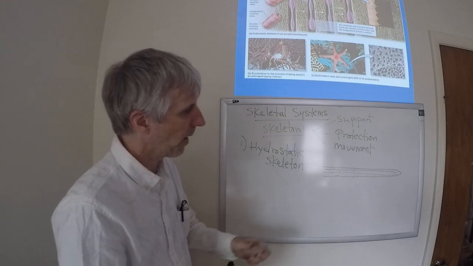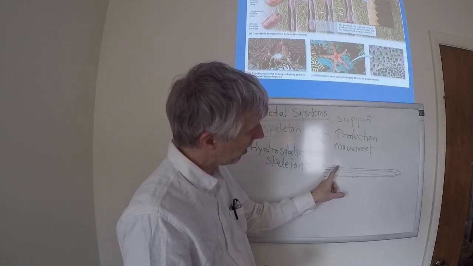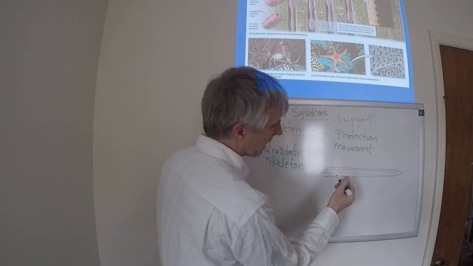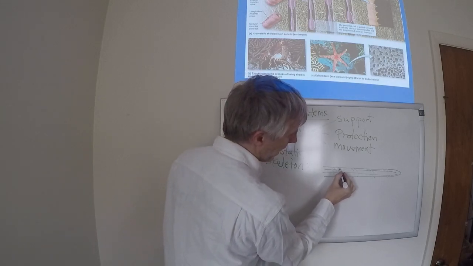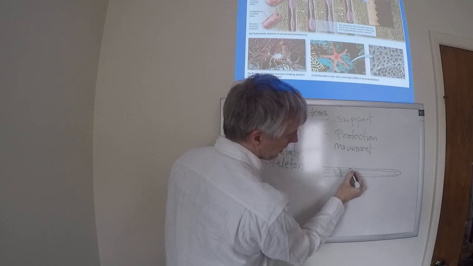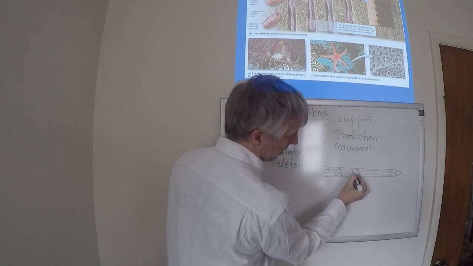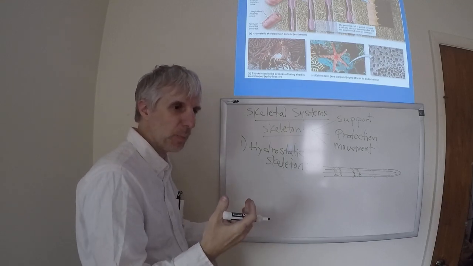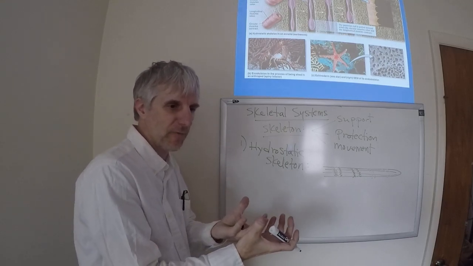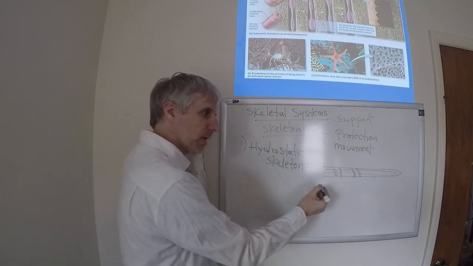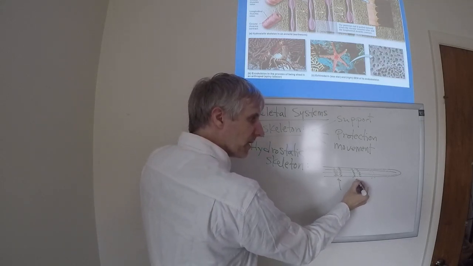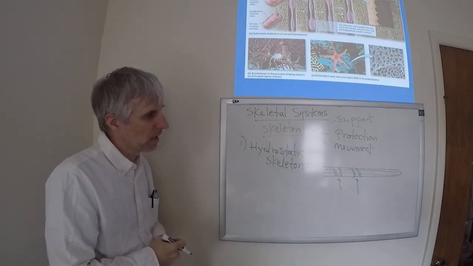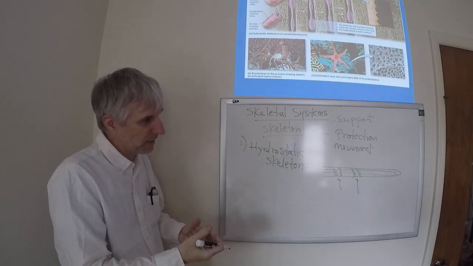Okay? By contracting on these circular muscle bands, I can put fluid under them under pressure, and that makes that fluid hard, right? When you put water under pressure, you get a fairly rigid structure. So this and this are now rigid because of the water under pressure in those cavities.